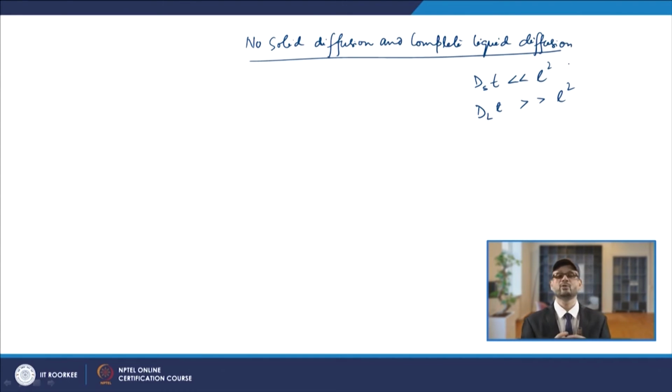So, you do not have uniform composition in the solid. In this case the solute cannot diffuse back into the solid, so the solid will reject the solute, and that has to go into the liquid.